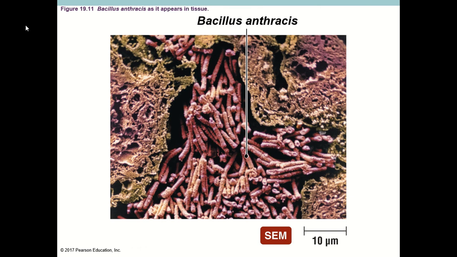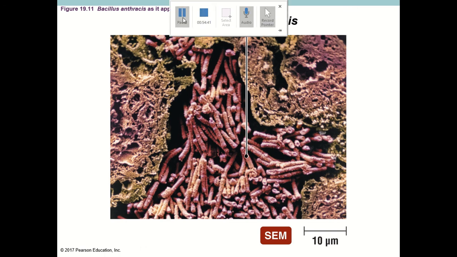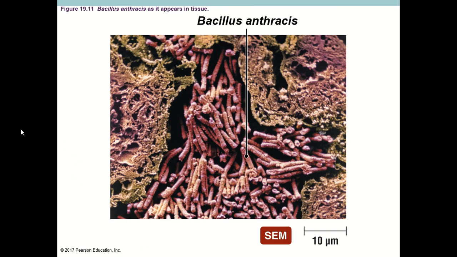So outside the body, these bacteria are going to live in aerobic form. The endospore form is going to be transmitted in one of three routes. First is inhalation, right? So you can breathe in the spores. You can have inoculation of spores through a break in the skin.